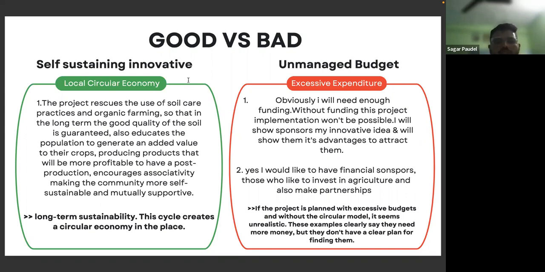So this is all about the circular economy: how we invest and how we can get a return. And an unmanaged budget just talks about investment and no output. There is no transparency in the financial part, and a very expensive budget in the next part. We are talking about these two parts because we need to maintain a sustainable approach in designing the project.